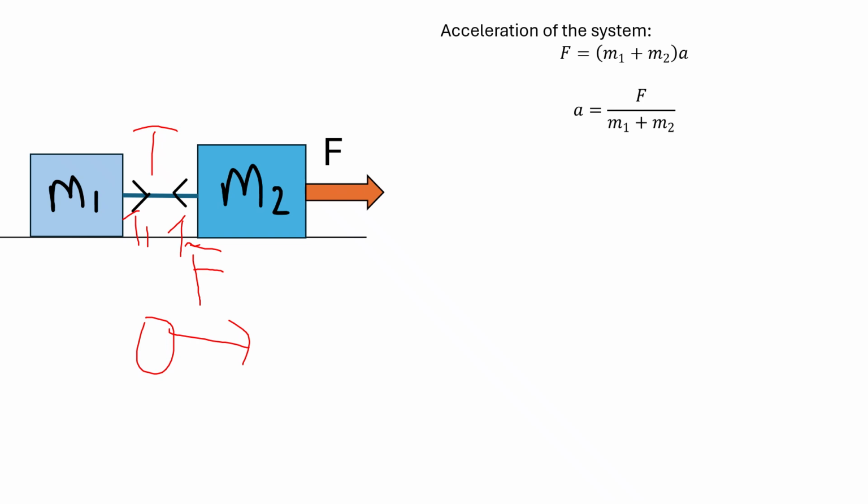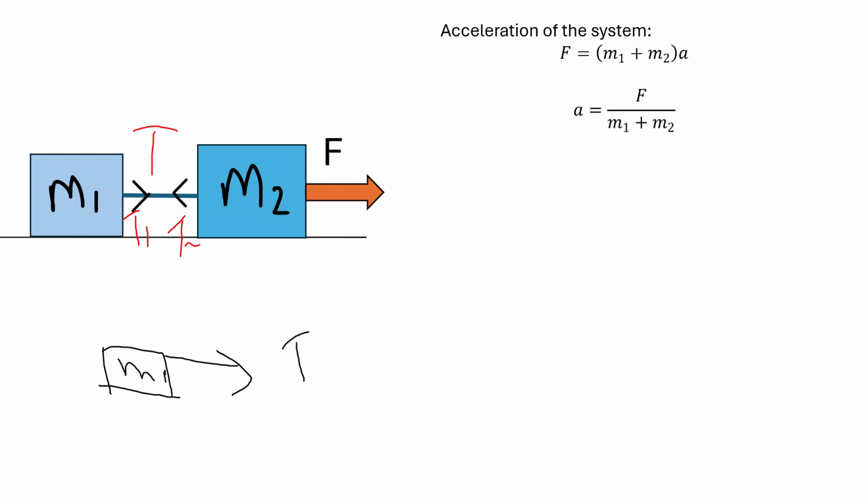Now, from there, how do we get the tension T? Okay, so let's consider a system where, let's say, we only had M1. Now, the tension T1 tends to pull the mass M1 forward.